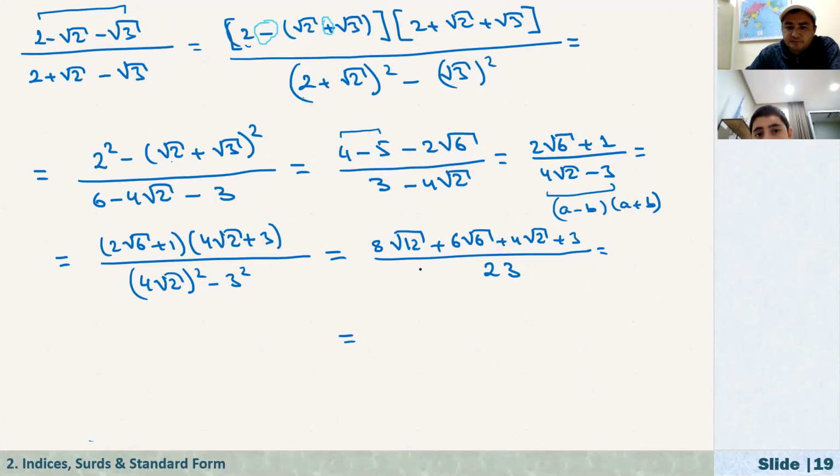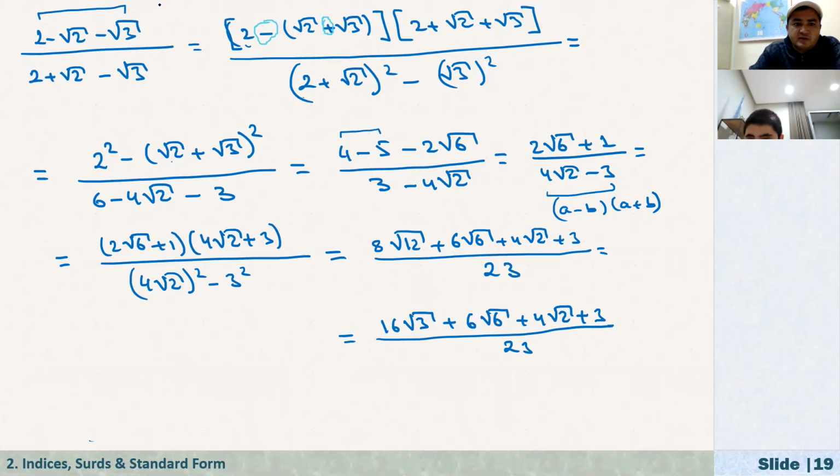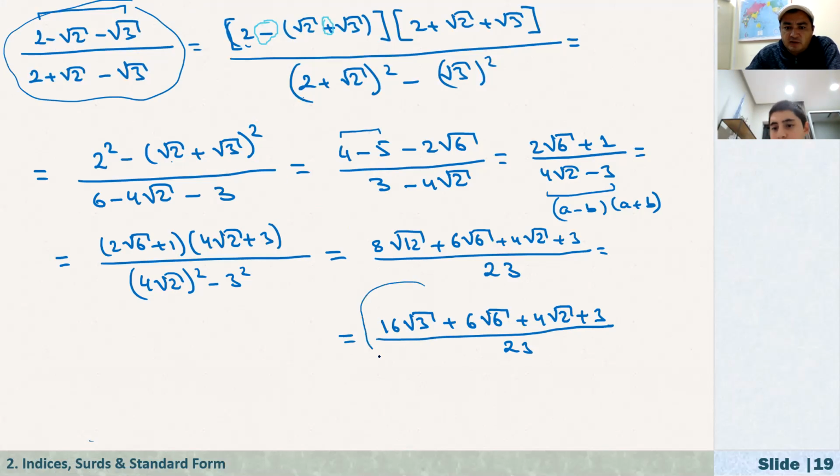For the last step, because this 12 is 4 times 3, I can write it as 16 times square root of 3 plus 6 times square root of 6 plus 4 times square root of 2 plus 3 over 23. Now check the answer. Calculate this one and calculate this one. You get the same thing.